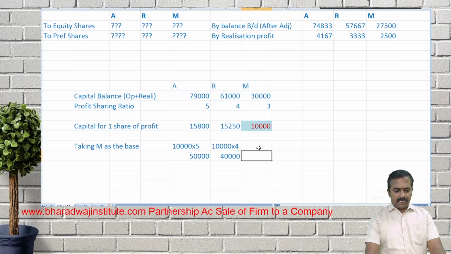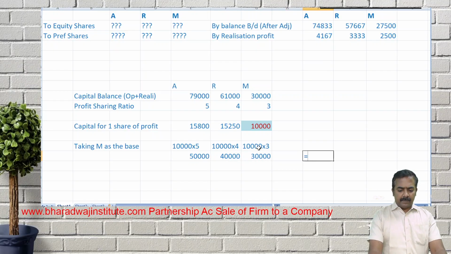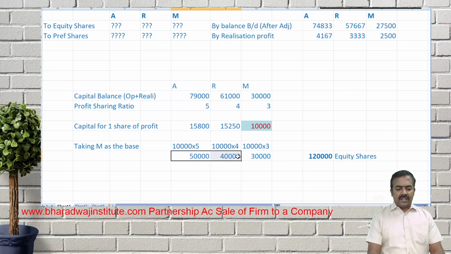Last one. 10,000 into 3. 30,000 வரும். இது வந்து required capital மாதிரி இதை ஆட் பண்ணி பாருங்க. 50,000 plus 40,000 plus 30,000. இது வந்து equity shareல வாங்கிடுவோம். We'll get this in which one? Equity shares. Equity sharesல எவ்வளவு வாங்கிடுவோம்? 1,20,000. So that it can be distributed in profit sharing ratio.